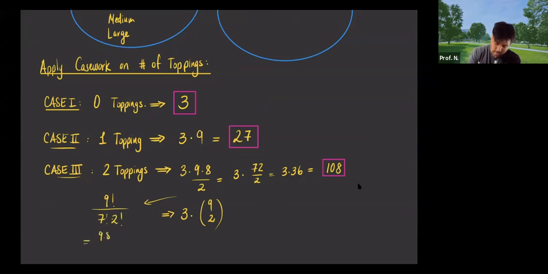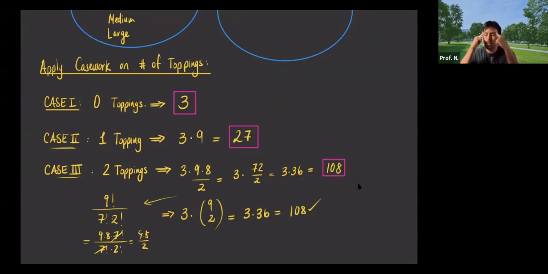And then the 9 times 8 times 7 factorial, the 7 factorial cancels, and you're left with 9 times 8 divided by 2. Do you see that? We arrive at the same conclusion that 3 times 36 is 108. That's another way to think about it.